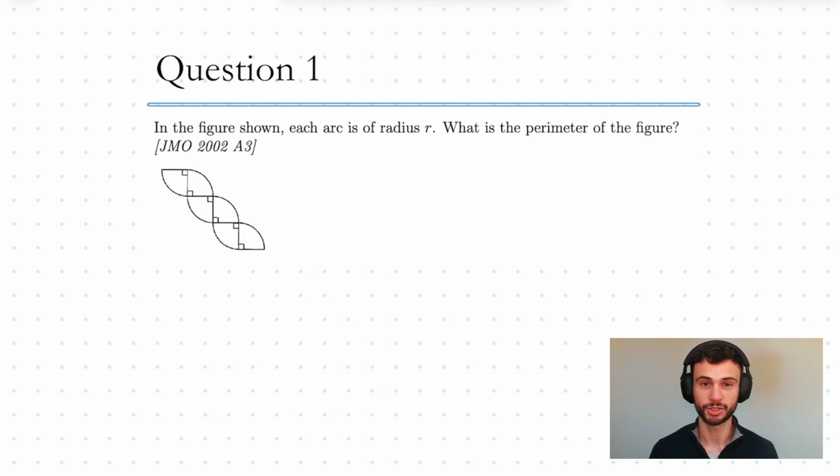Now, in the figure shown, each arc is of radius r. What is the perimeter of the figure? Again, I'll give you a moment just to have a think. Maybe if you want to, you can pause the video and give it a try. So you may want to start by labeling that radius r.